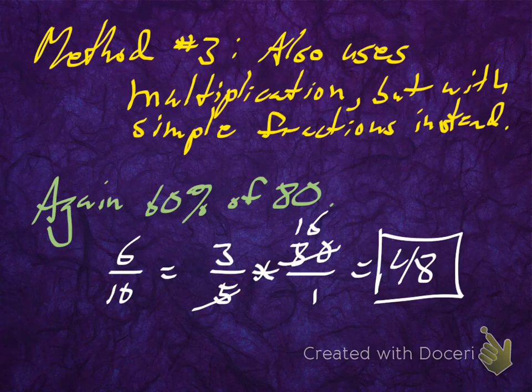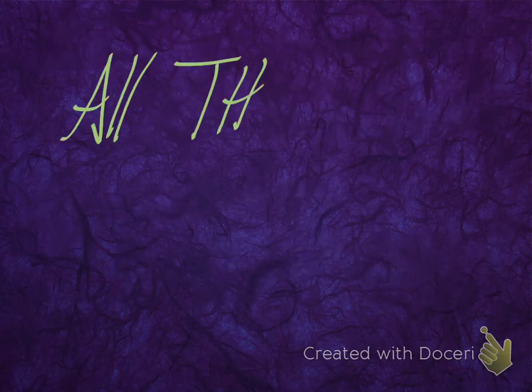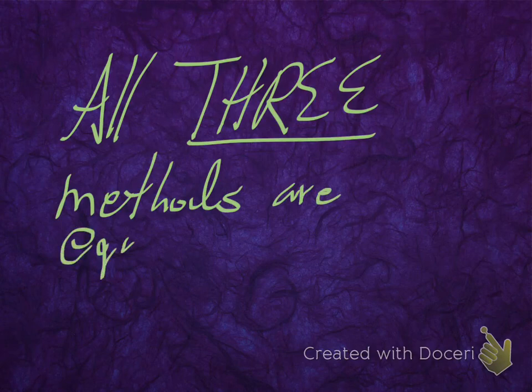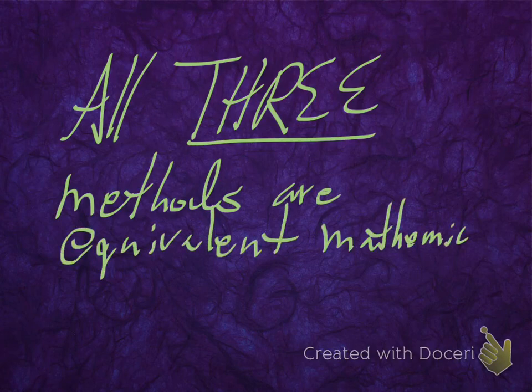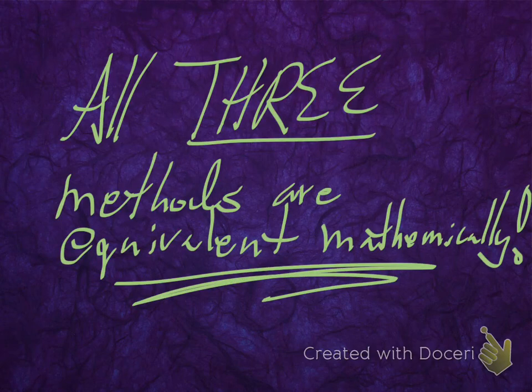So I get the same answer regardless of which way I do it. Whether I set up a proportion and do is over of equals percent over 100, whether I multiply by a decimal version of the percentage and just use multiplication, or whether I use a fraction version of the percent and use multiplication. And here's the big last slide, and this will be on the daily quiz. The beautiful thing about this, it seems like there's 3 totally different ways to do it, right? There aren't.